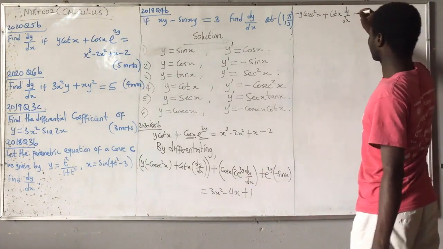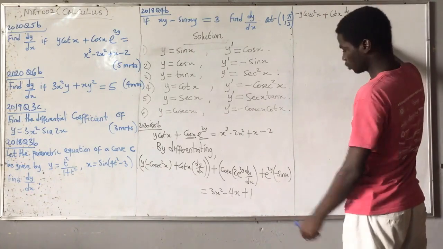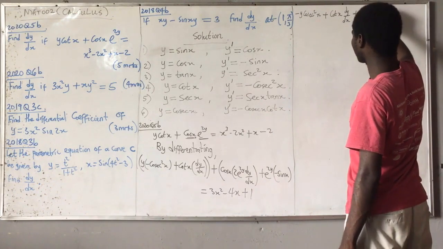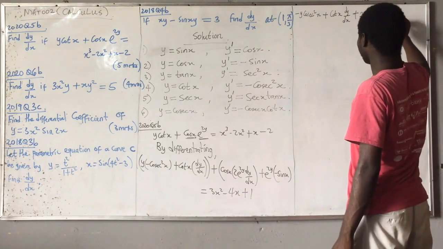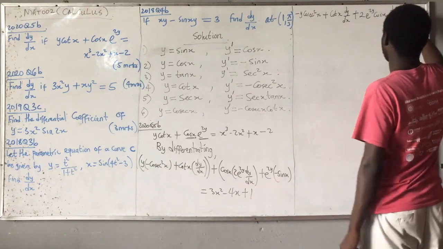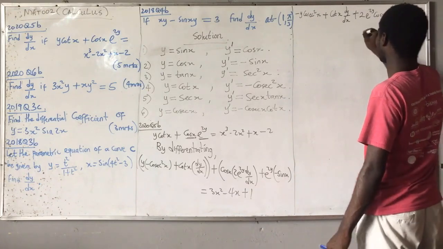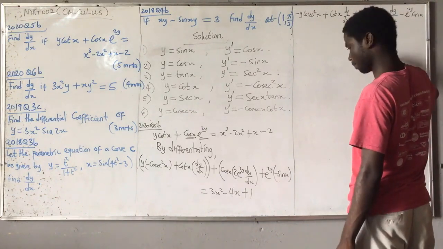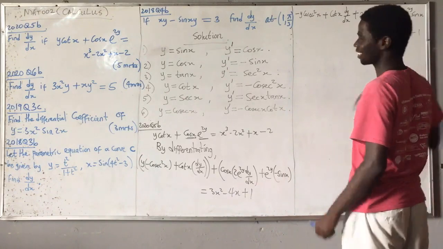Plus, open this one too, plus cos s, let the 2 come to the front, 2 e raised to power 2y plus s dy/ds, then plus times minus will give me minus e raised to power 2y sin s, and everything will be equal to 3s squared minus 4s plus 1.